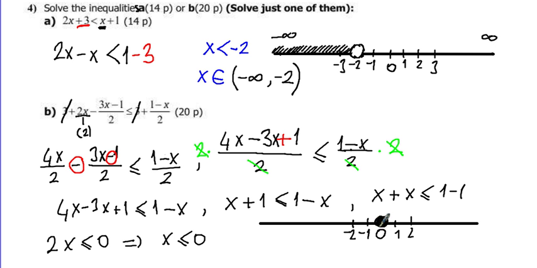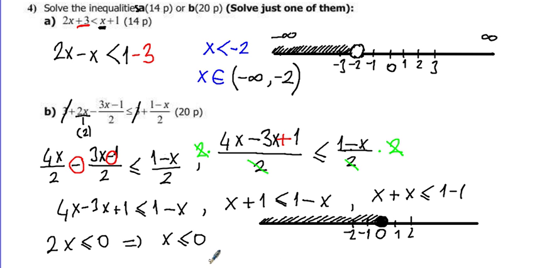So 0, you see the difference between this and the previous one. It was x less than minus 2, so the point is open. Here the point is closed. Less than, so again we have the left side on the number line. We shade the left side of 0.